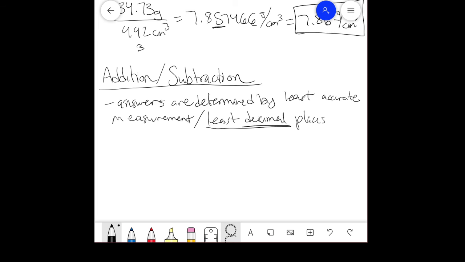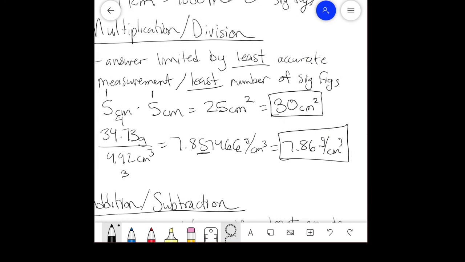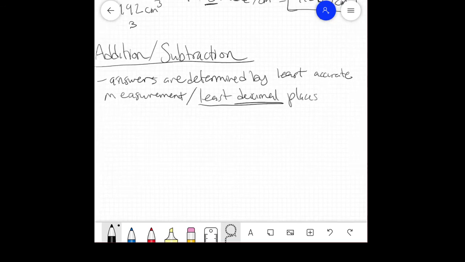This one is decimal places. This one is sig figs.